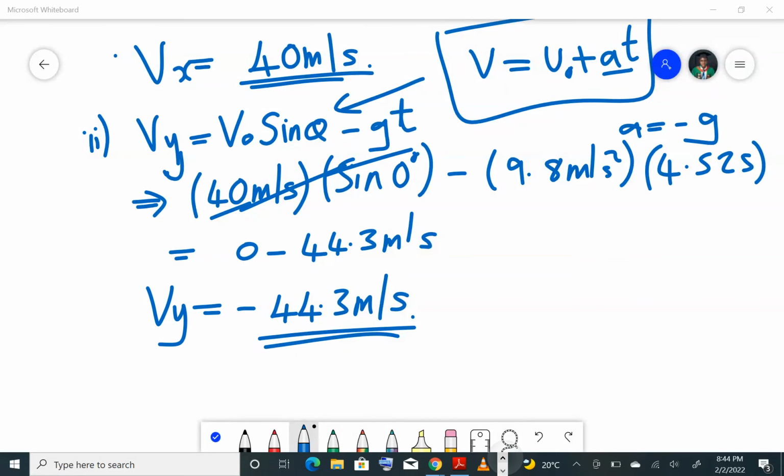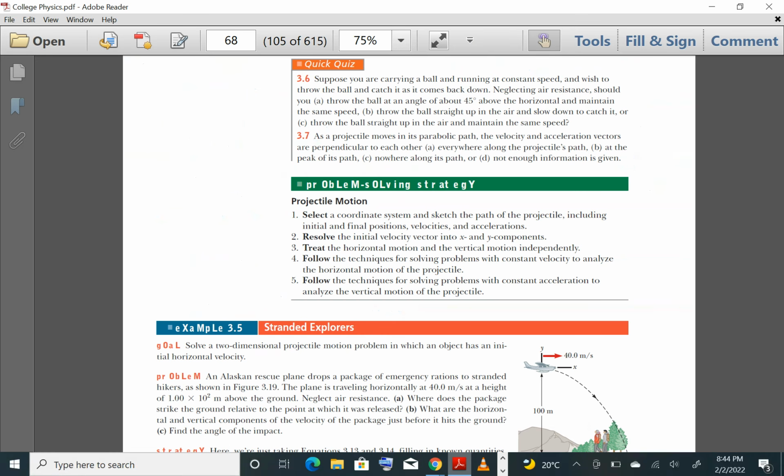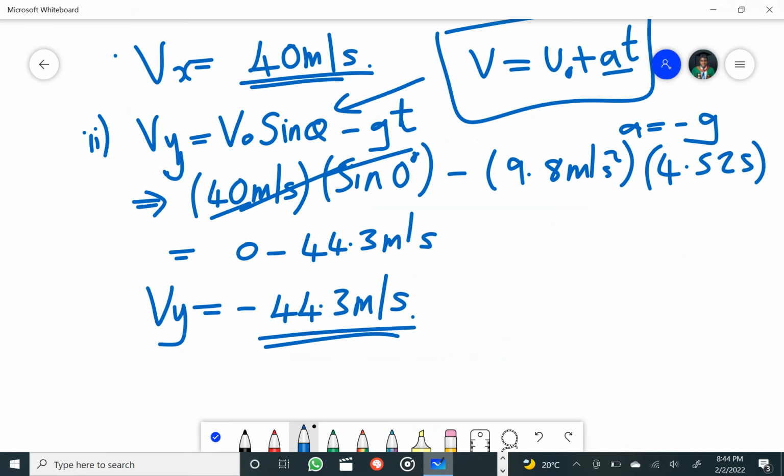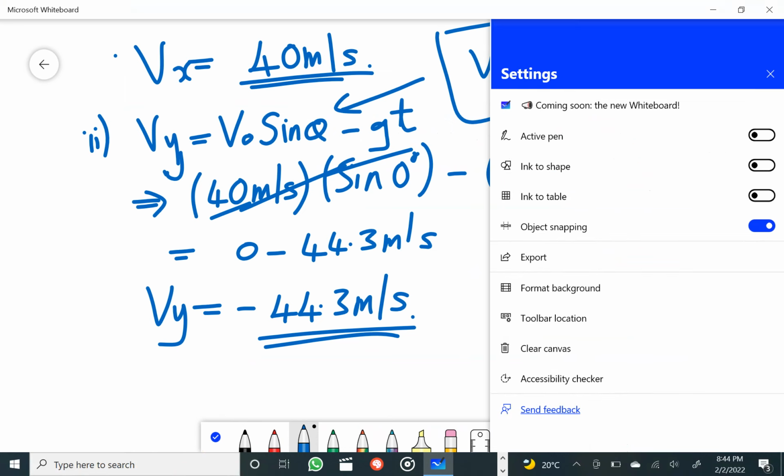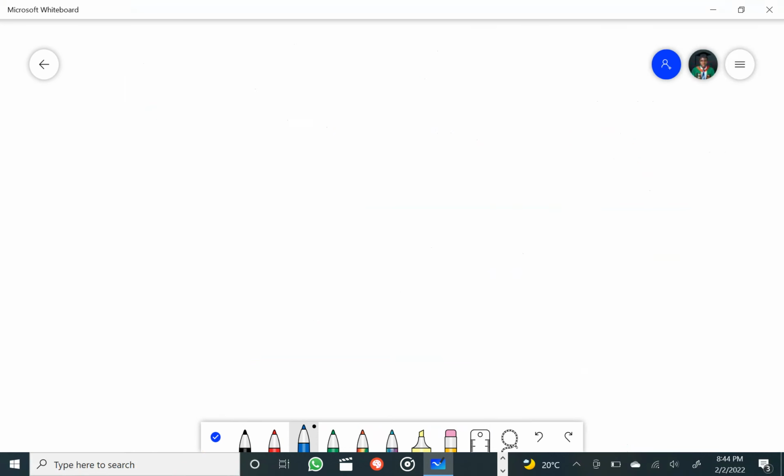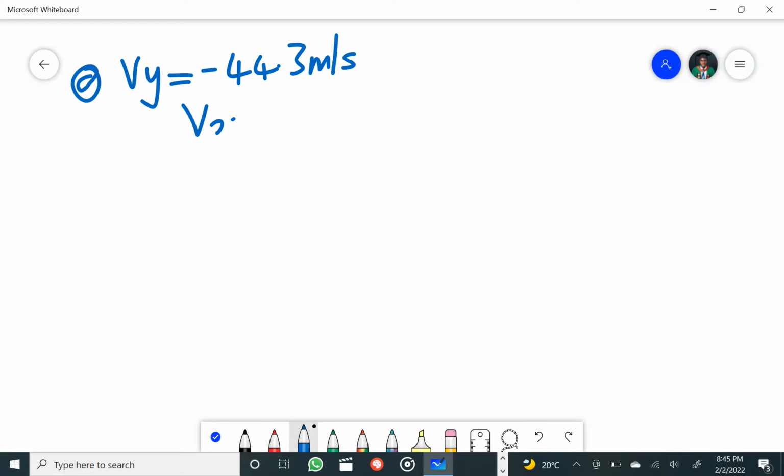Okay, then let's look at the third question, which says find the angle of the impact. So here we're just revising our vectors, where we've got the components and we just have to apply that. So for C, we've got our y component, which is this, and our horizontal, which is this. Now we need to find the angle of impact.